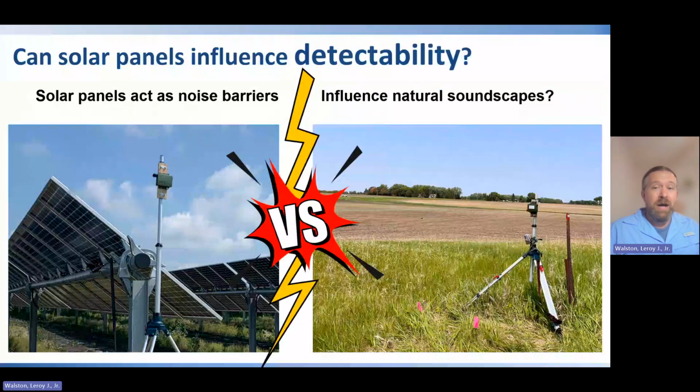And so is it possible that they can act in a similar manner to block natural sounds and soundscapes such as avian and bat vocalizations from longer distances? And if that's the case, is it possible that these off-site recorders placed in more open landscapes could have a larger detectable range than on-site recorders?